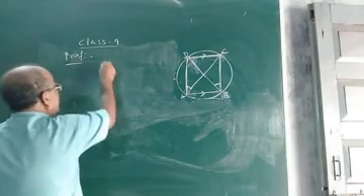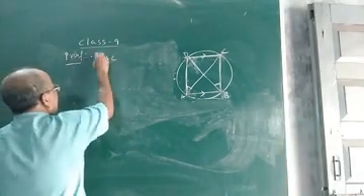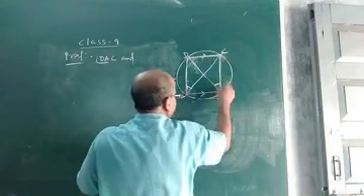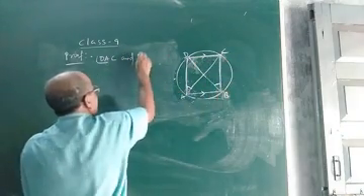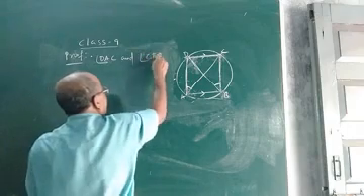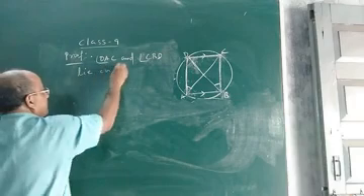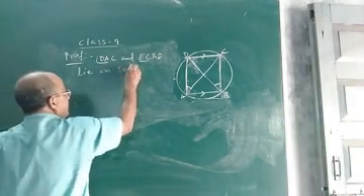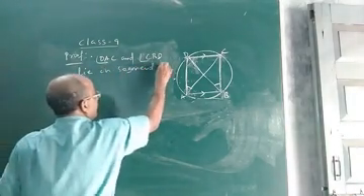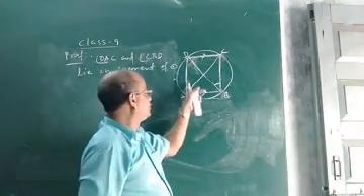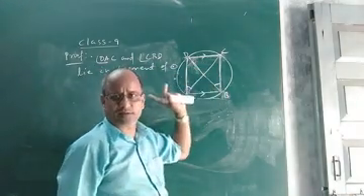So what will we write? Angle DAC and angle CBD lie in the same segment of the circle.